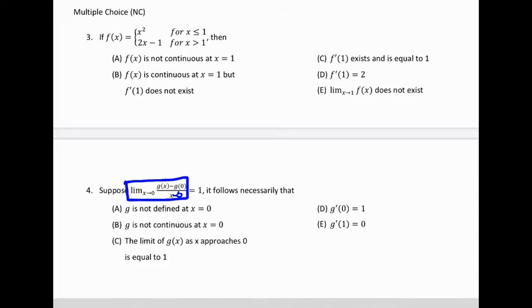This is, by definition, the definition of the derivative of g at 0. So it's necessarily true that g prime of 0 is 1.